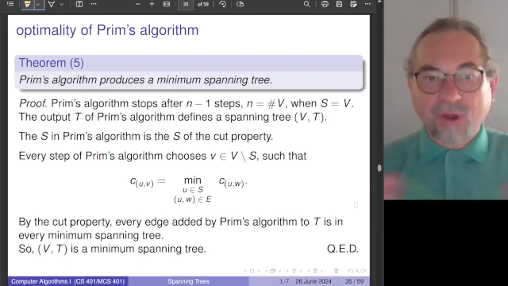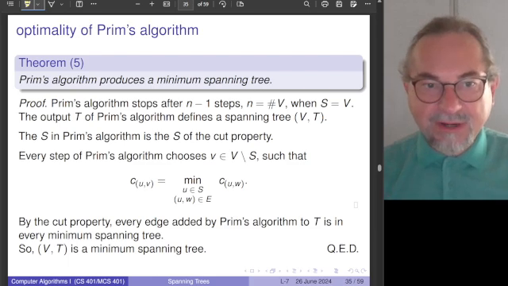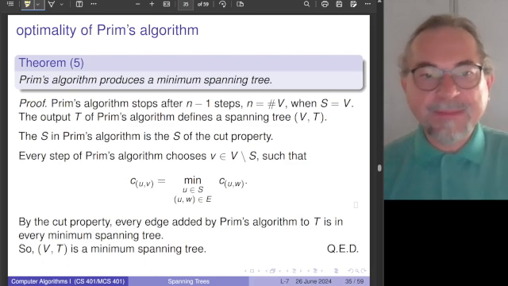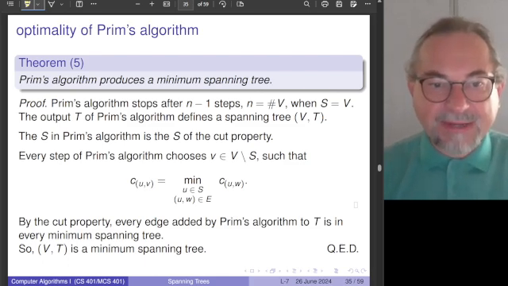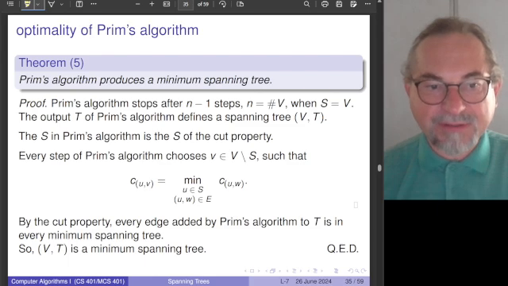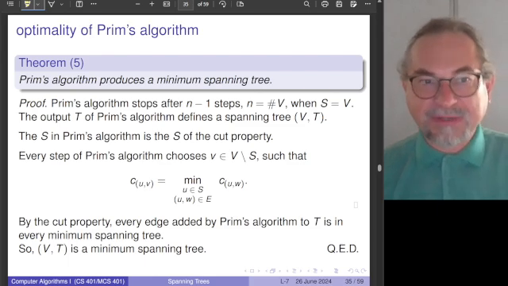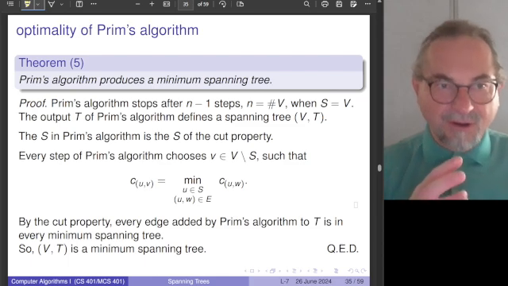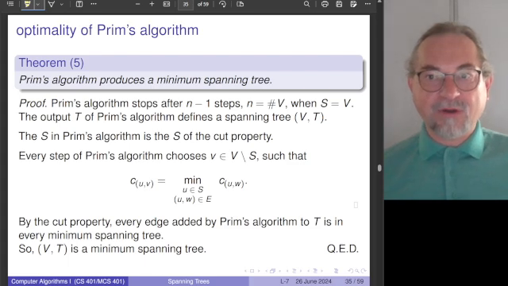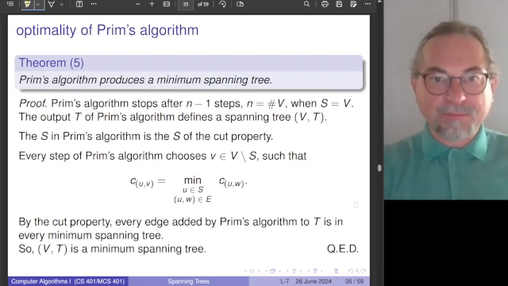So it's obvious that it is a tree. Is it a minimum spanning tree? Well, yes. Every edge added is actually in every minimum spanning tree by this cut property. So in some sense, the optimality proof is simply a rewording of the technical cut property.